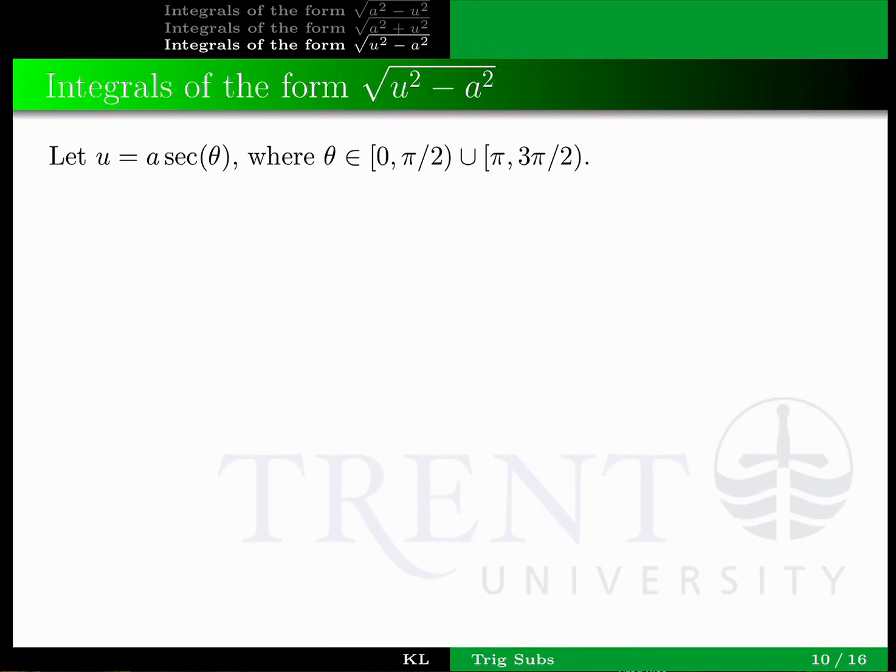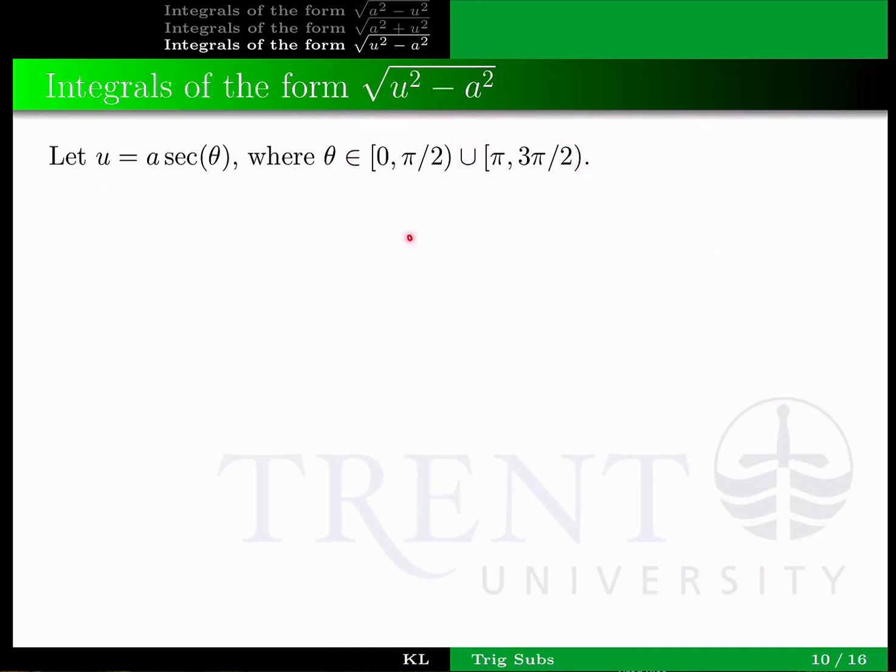So in here, if we got the form function squared minus a squared, our substitution is a secant theta, where your theta is in this interval, the union of intervals 0 to pi over 2 and pi to 3 pi over 2. If you check this in your circle, this one here is first quadrant. This one here is third quadrant.